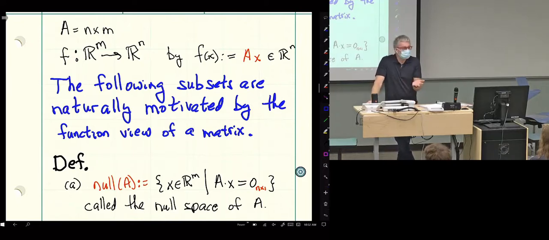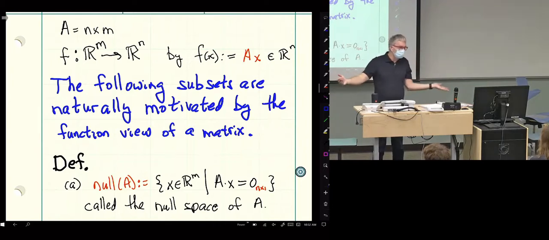For example, suppose the matrix is the 0 matrix. Rectangular, all zeros. What is the range? Just the 0 vector. It's not very big at all. If m and n are equal, and A is the identity matrix, then I can hit every single vector in the range. So the size of the range is going to be really important.